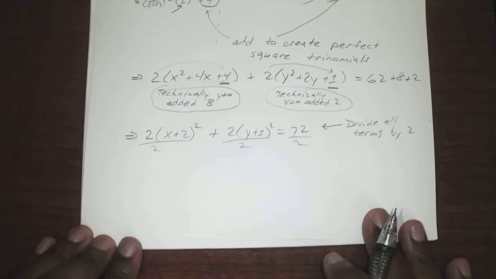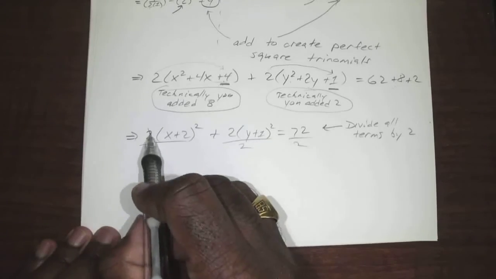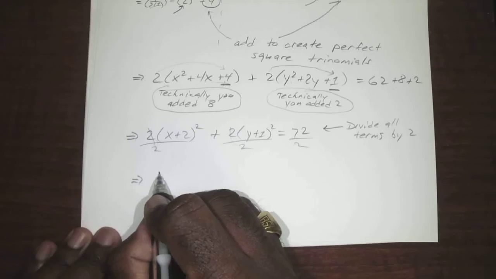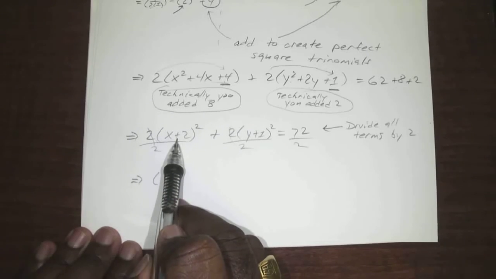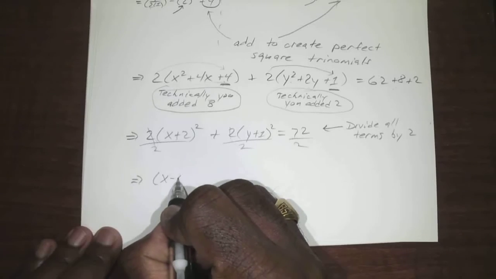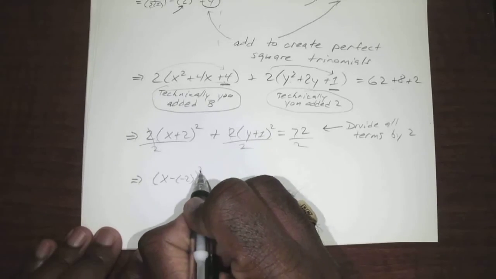Bring that up a little bit. Okay, so these two cancel out, these two cancel out. So we end up with, instead of x plus 2 squared, we can make it x minus negative 2 squared.